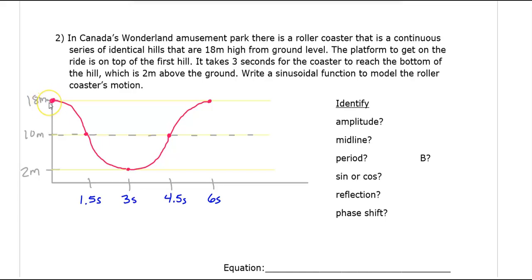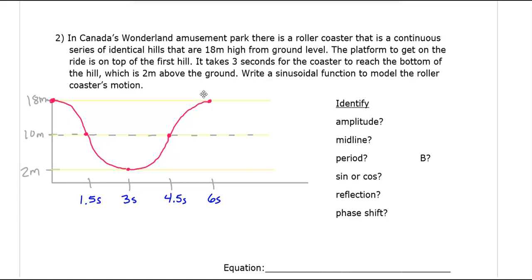So we're starting at the top of the hill, and then we're going to go down to the bottom of the hill, which is 2 meters above the ground. So that's why this is 2 meters right here. So this little 2 meters here doesn't even affect it. And then we're going to go back up right here. So it took 3 seconds to go from this maximum down to this minimum, and that's why this is 3 seconds here. And then 6 seconds would be where we hit our maximum peak over here.